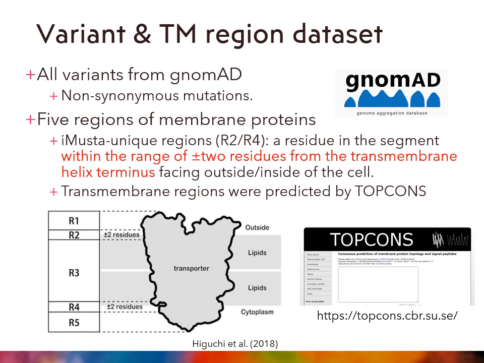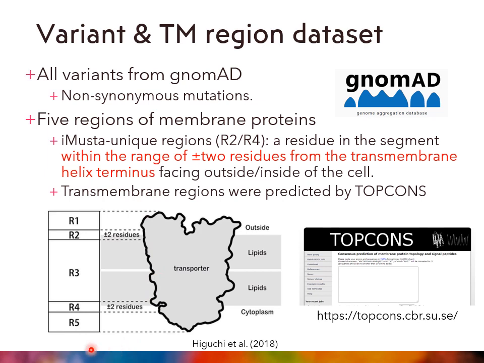As a part of database construction, we mapped all available genetic variant in gnomAD database to human SLC transporters. And we also performed the detailed analysis of genetic variants based on the 5 regions of transmembrane proteins. The definition of 5 regions are shown here.